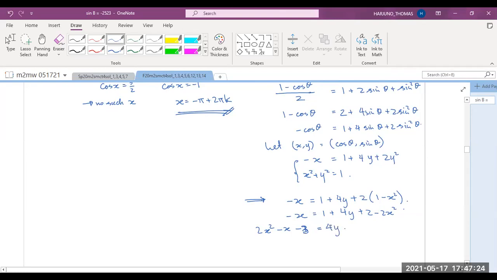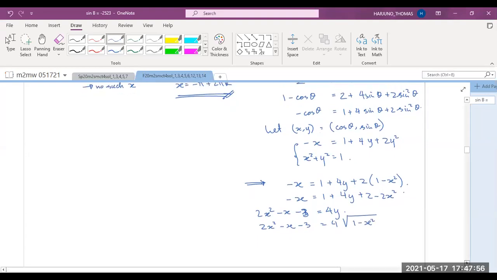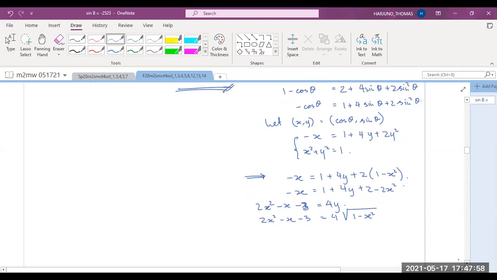I'm not going anywhere. Okay, seems like that's the only way. So 4y equals... I make it like this, 4 square root of 1 minus x squared, and then I square both sides again. Dang, that's painful.